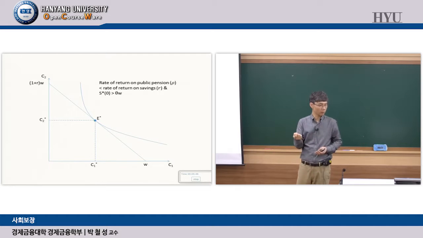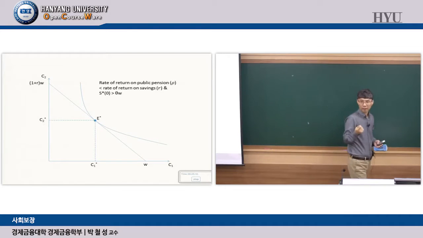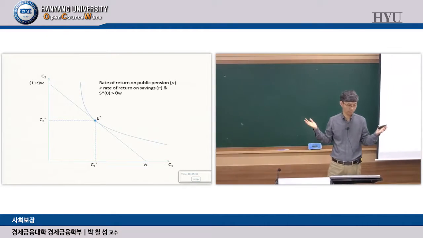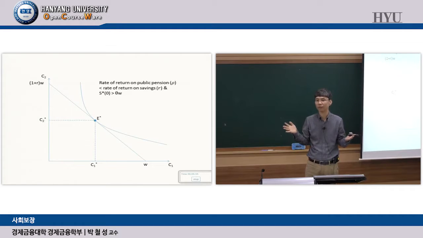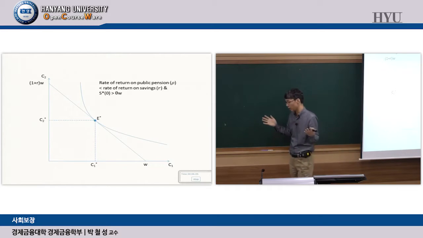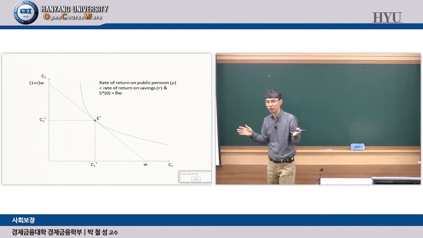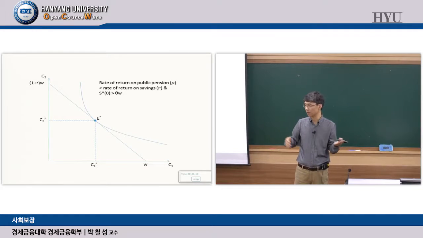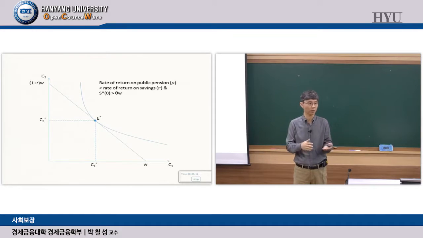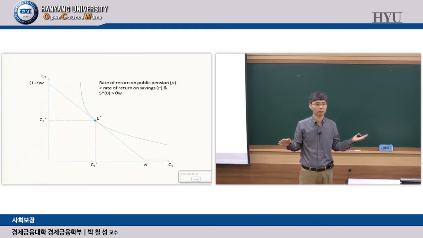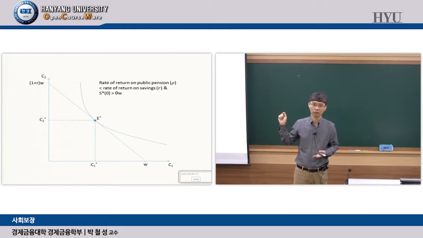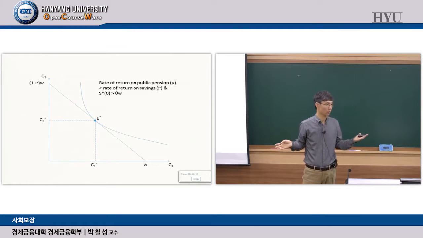So that works actually fine as long as, let's say, the population size does not change or even increases over time, right? So if the population size is increasing or is simply the same, and then let's say the percentage of working individuals stays the same, then we can expect that basically this whole system will be just the same, because they collect the money, then they just give out the money to the elderly people.